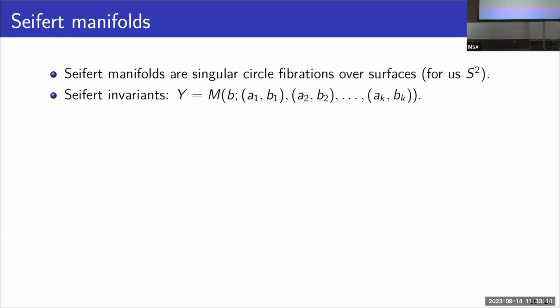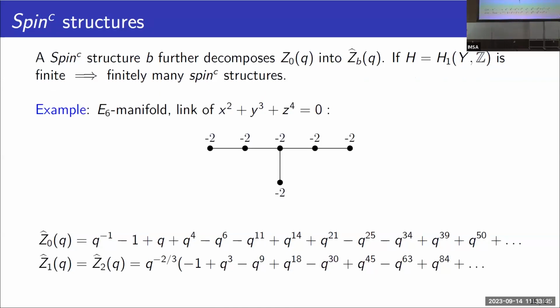Okay, so now we are coming to our results. So Seifert manifold is a very special class. Seifert manifolds are links of the homogeneous singularities. So, for example, this singularity is homogeneous. Here you can put some weights on x, y, and z so that you can make it homogeneous.